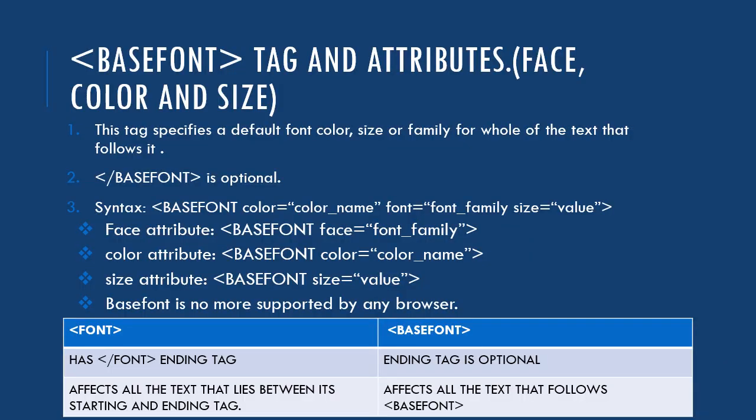Alright students, so next comes the base font tag and the attributes. So base font tag will have the same attributes as the font tag, that is face, color and size.